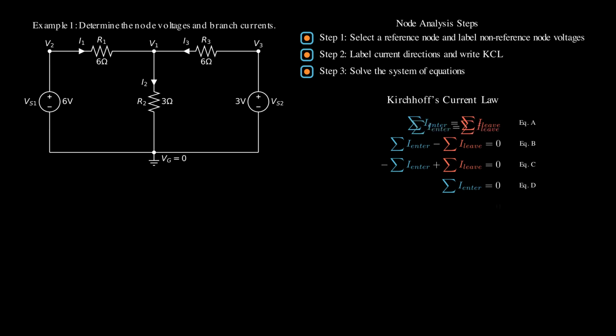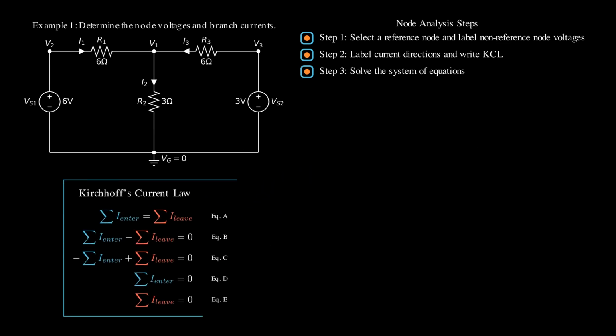If we define all the currents leaving the node, it becomes equation E, in which we assume the current entering the node is negative. These are the 5 equations for writing a KCL.